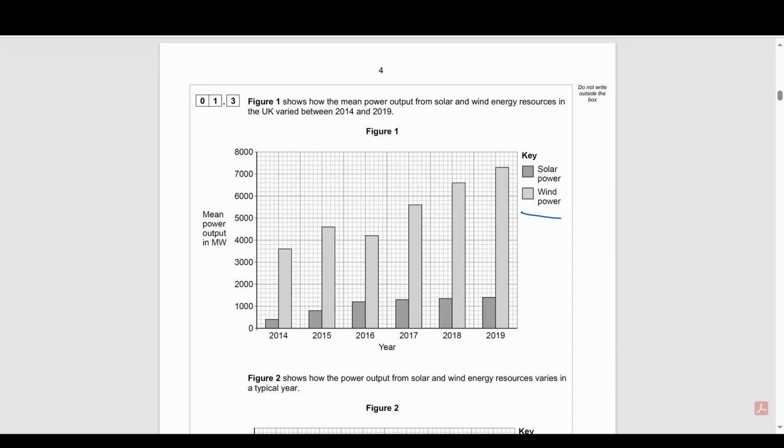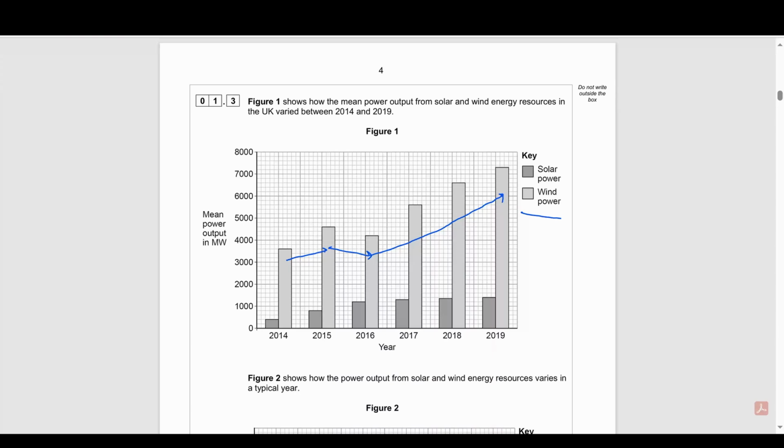What do we notice? From 2014, there is an increase. Then there is a decrease to 2016. And then there is an increase to 2019. So there's a little bit of a fluctuation between 2014 and 2016. Then after that, there's just a solid increase for wind power.